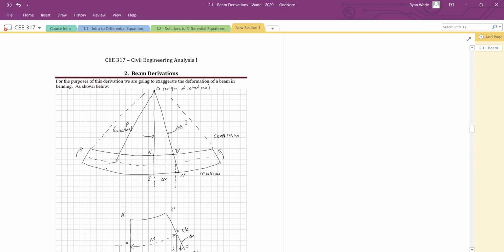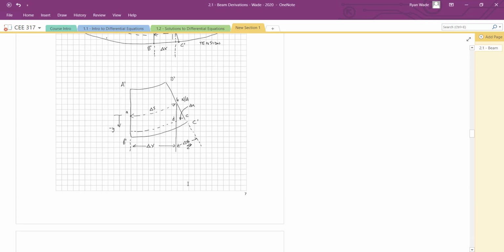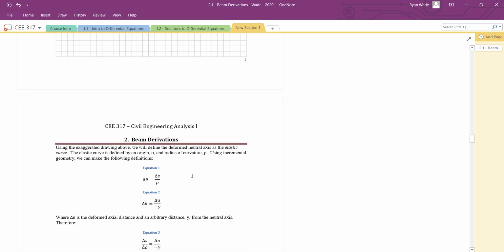So basically that's saying that, as long as it's really, really small, delta theta is the same as saying this delta S here over the curvature is going to be equal to that angle in radians.